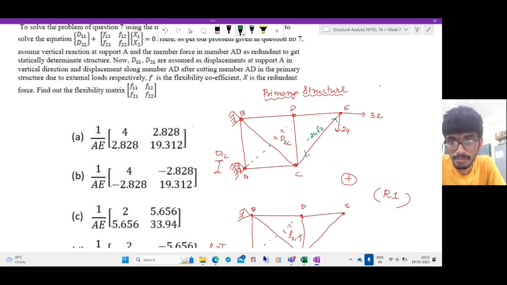What is the horizontal force? So there's a 24 coming onto this. So 24 plus 32, what is it? So this will be tensile 56.